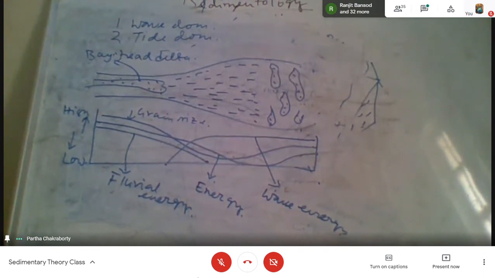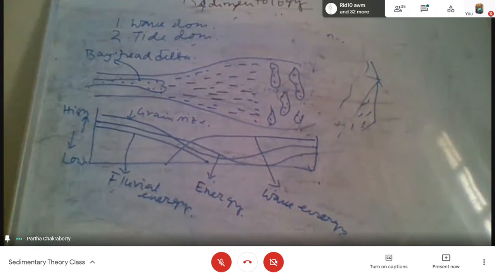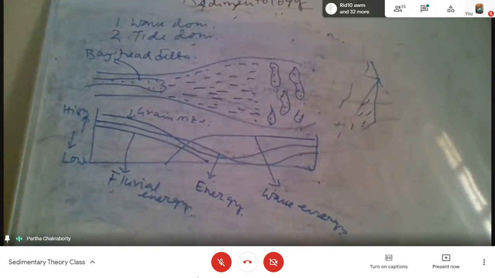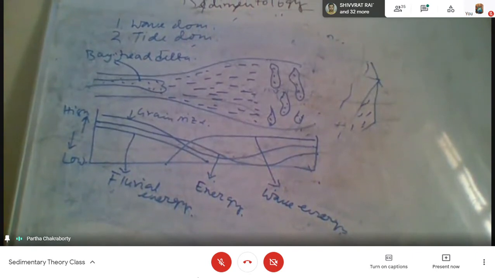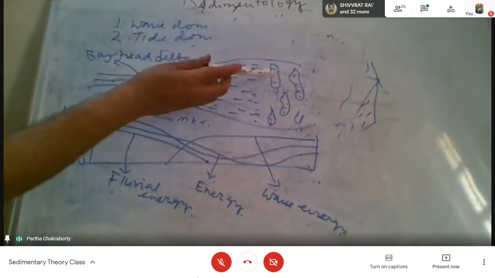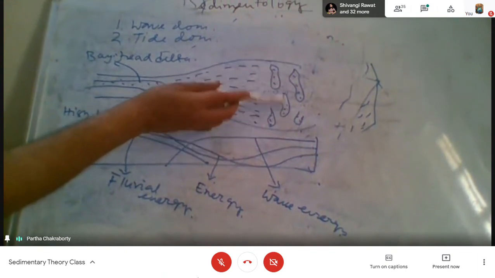Done, sir. Okay. So what you are seeing here is the model for a wave dominated delta, and in this case, this is the drowned river valley. The wave is reworking the river valley at its distal part and forming bars which are parallel to the shoreline.